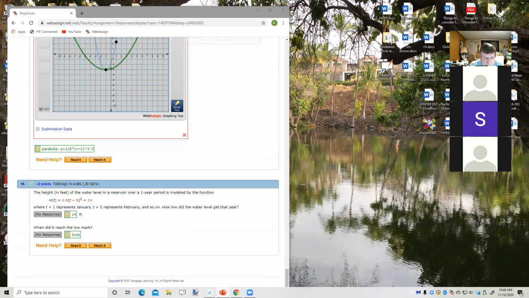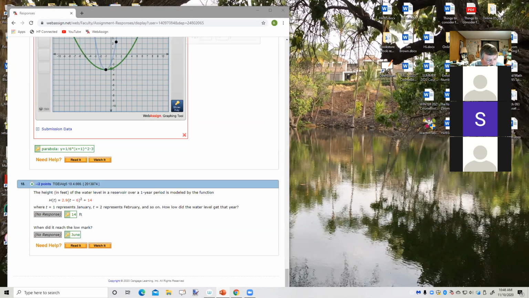How low did the water level get that year? Let's see here.